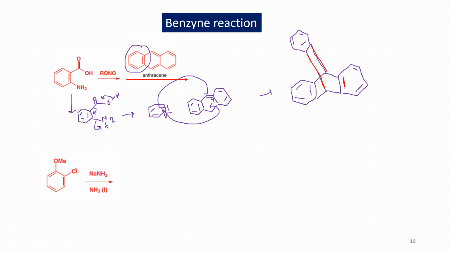So here is another. If we are adding a base to this type of moiety, what will form? There is a hydrogen available. So this NH2 will take this hydrogen, and this comes here, removed from the system, forming this benzyne. Now to trap this benzyne, what can we add?